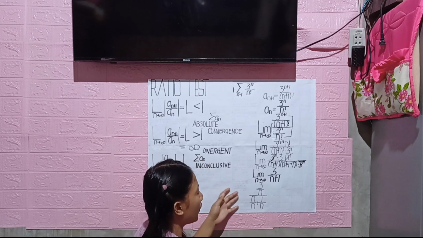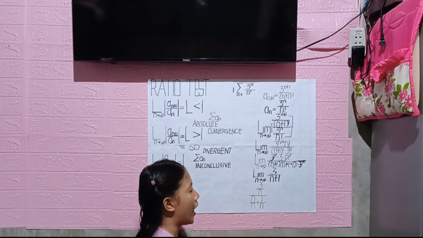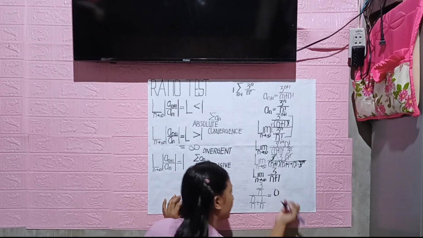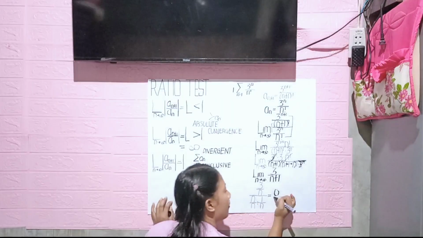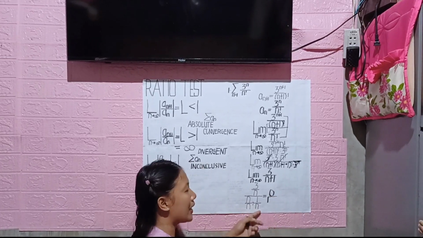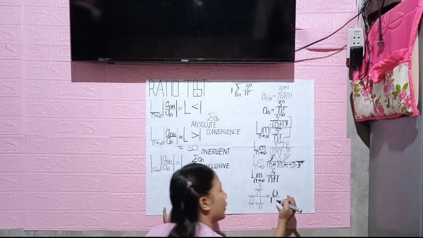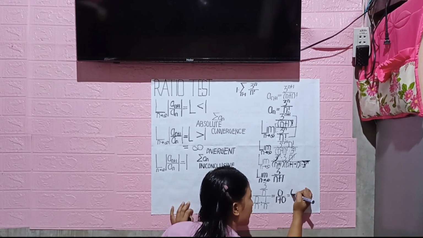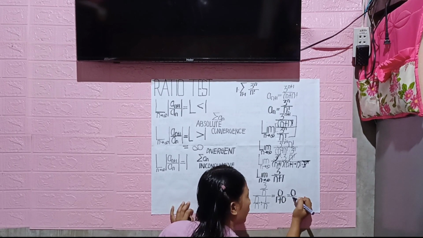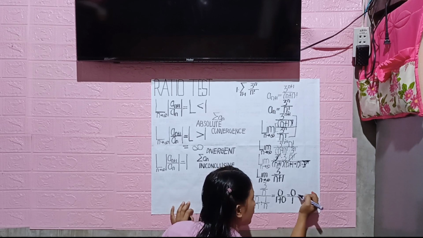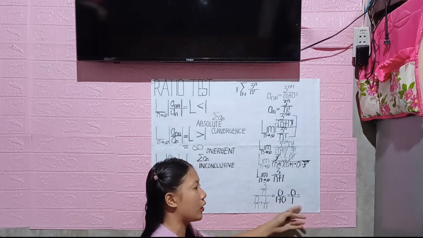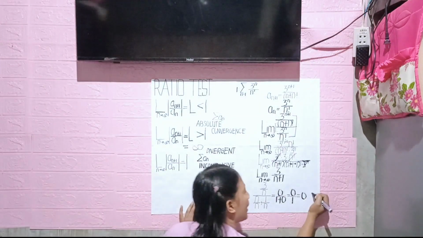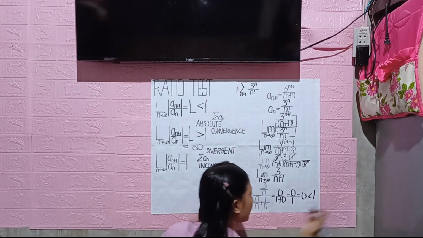Now we solve it. 3 over n will become 0, n over n will become 1, and 1 over n will become 0. So 0 over 1, and 0 divided by 1 is equal to 0. So 0 is less than 1.